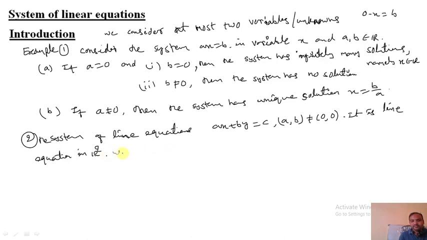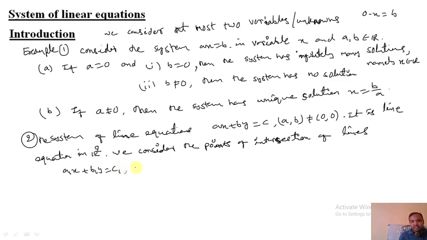Now we consider the points of intersection of lines. What are the lines? a1 x plus b1 y equal to c1, and a2 x plus b2 y equal to c2.